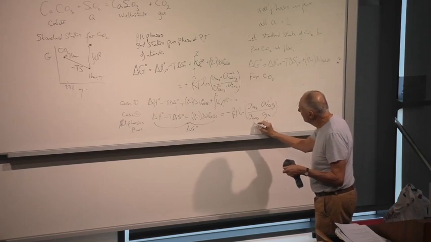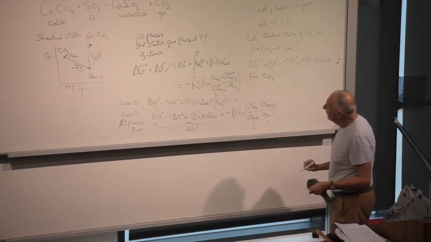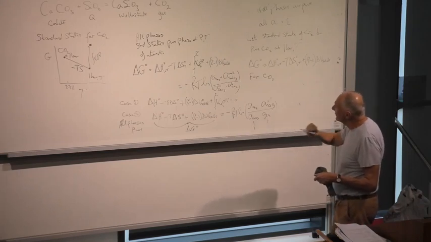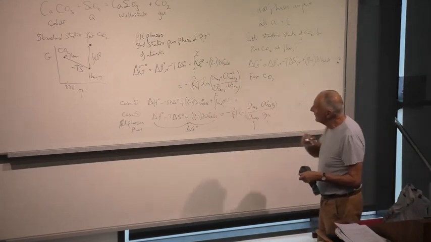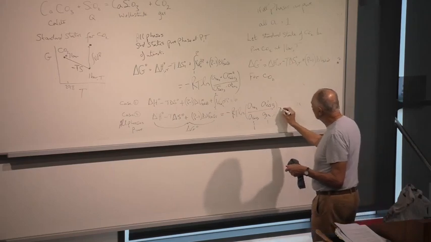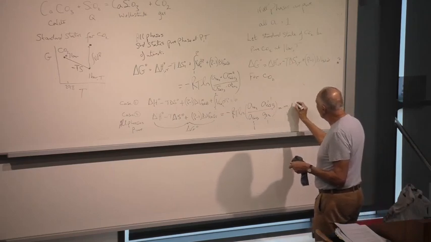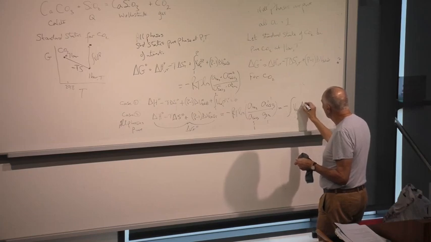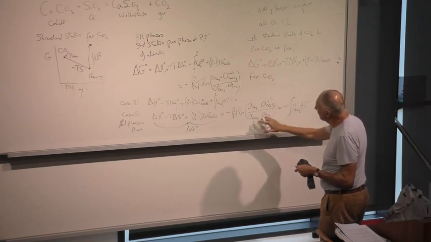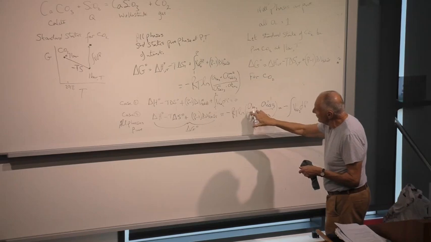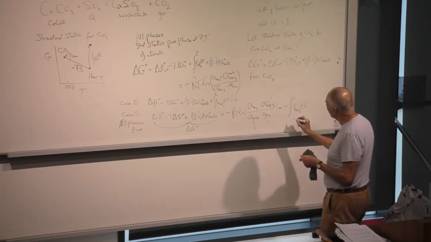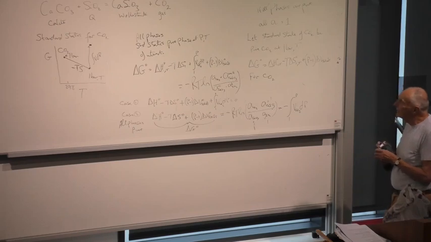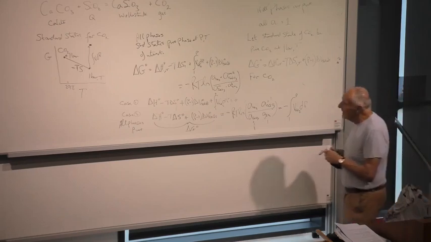But RT ln A CO2, just rubbed it out of course, is the integral of V dP. So that is now equal to minus the integral from 1 to P of V CO2 dP.